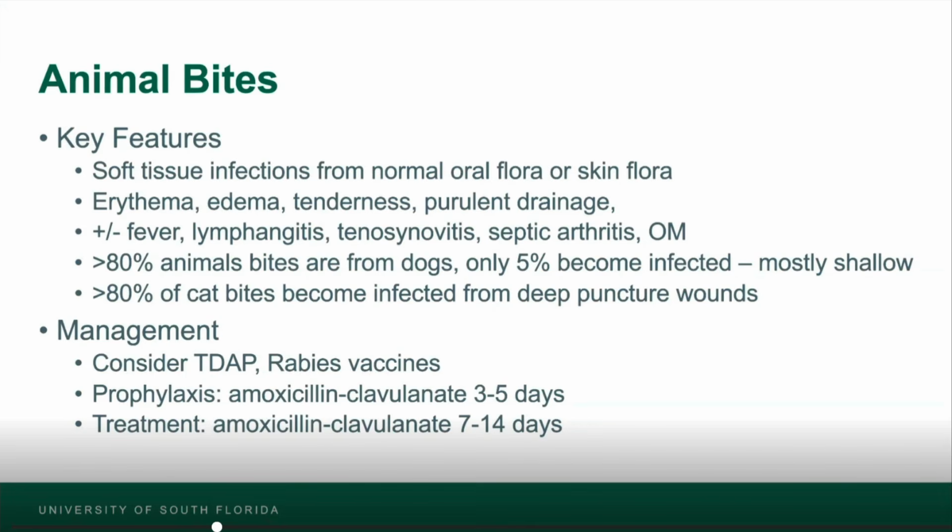If you do develop a true infection, then the course is usually a bit longer. Amoxicillin-clavulanate is really just great at covering all of these bugs that we tend to see. The one thing we worry about sometimes, depending on the type of bite wound or if it's a human bite, is that it wouldn't cover MRSA, right? And sometimes we do see that be the cause of infection.